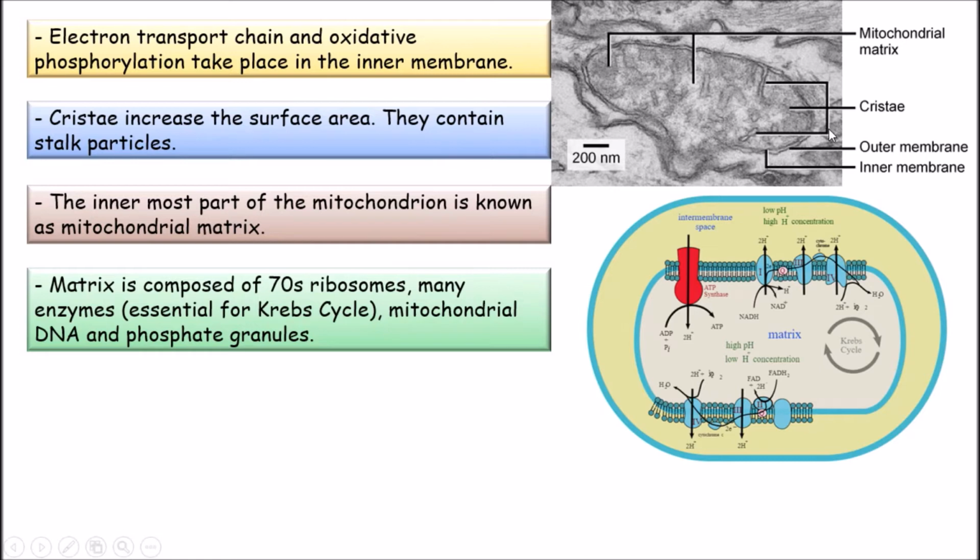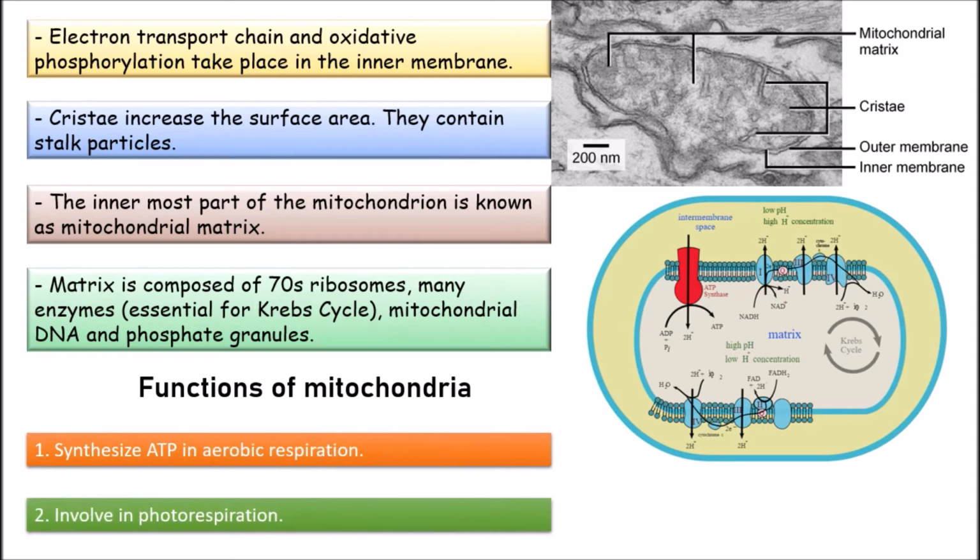Those enzymes are essential for the reactions in Krebs cycle in cellular respiration. We will study about cellular respiration in future videos. Functions of mitochondria: synthesize ATP in aerobic respiration and involved in photorespiration.